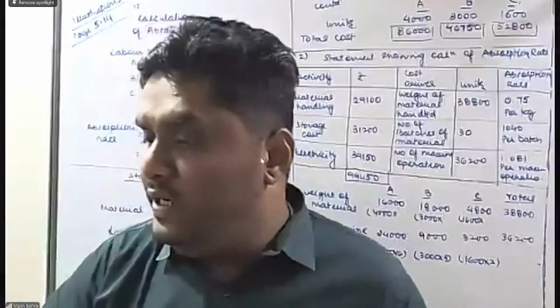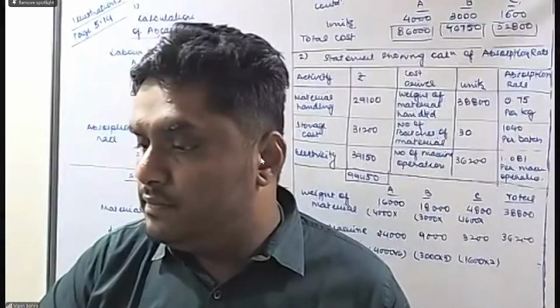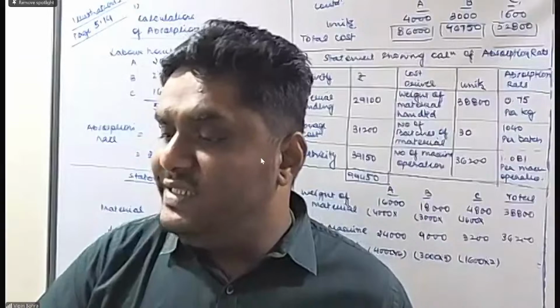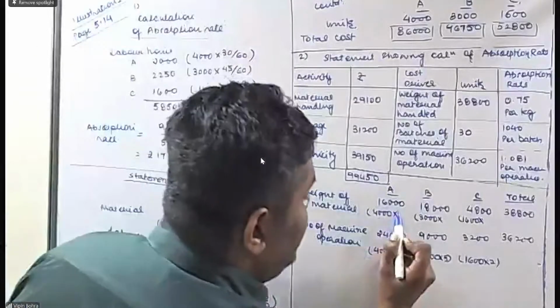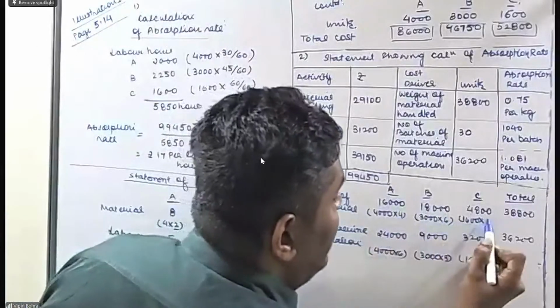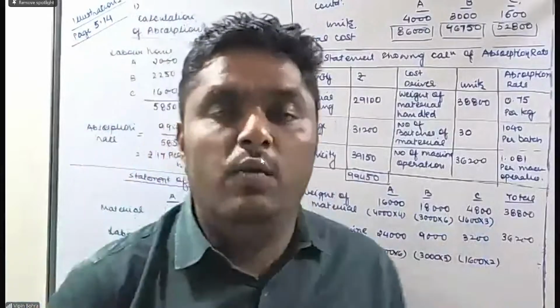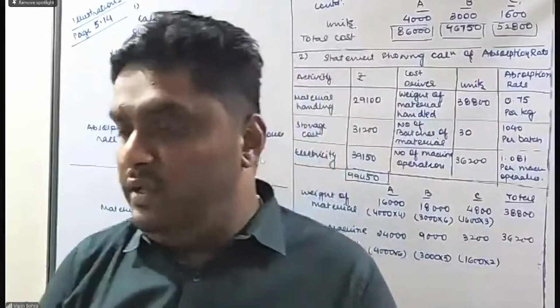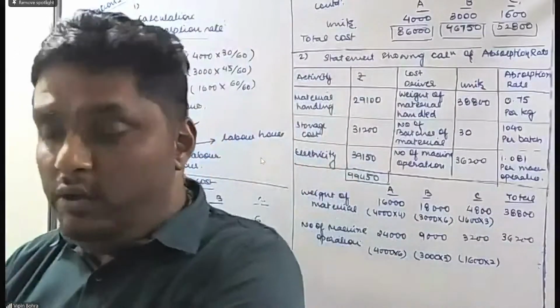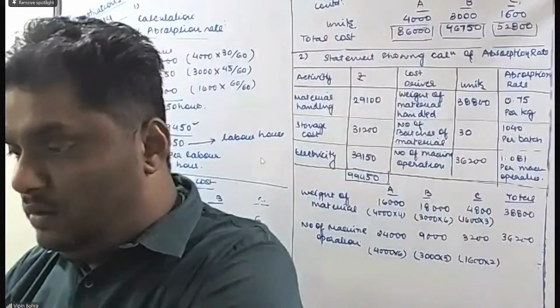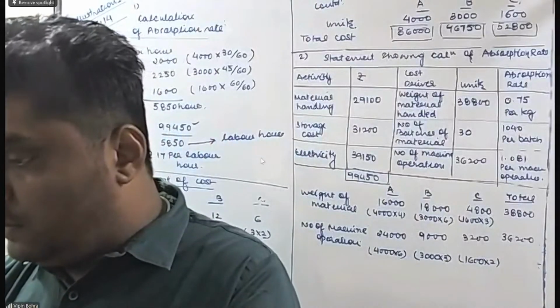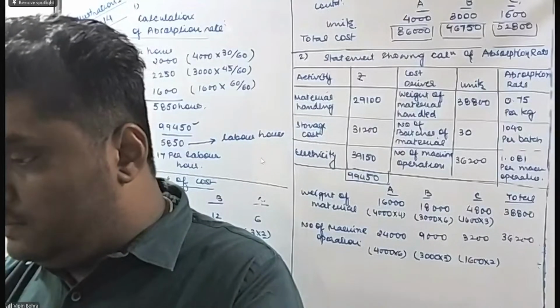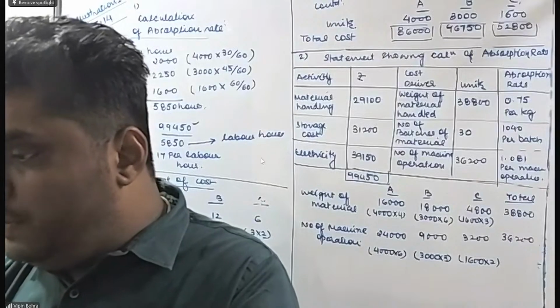It is 4, 6, and 3 for A, B, and C. That is the quantity required per unit of product. I hope it is clear, Parvez.